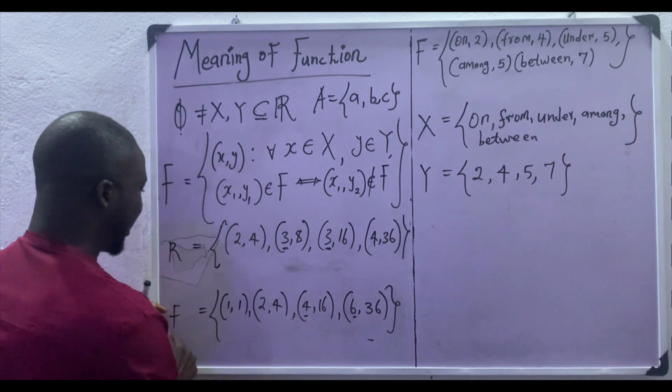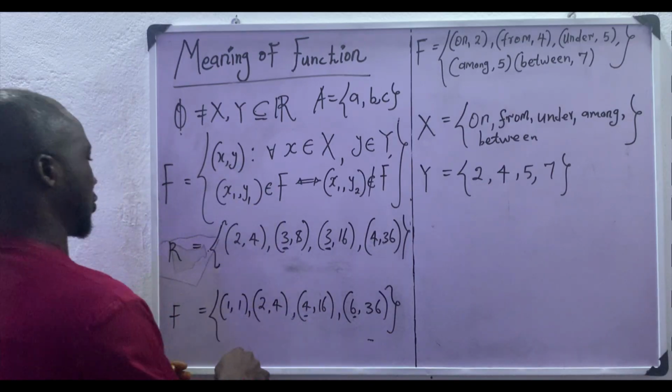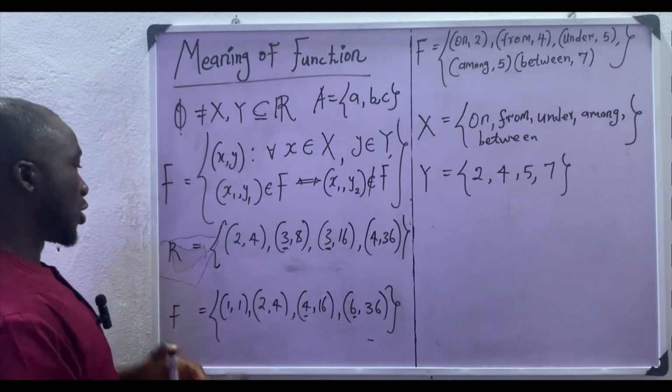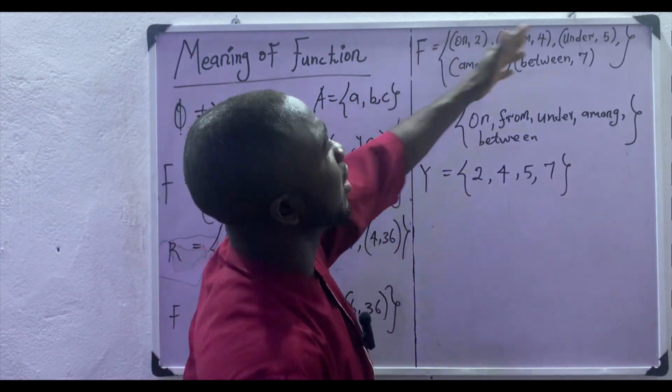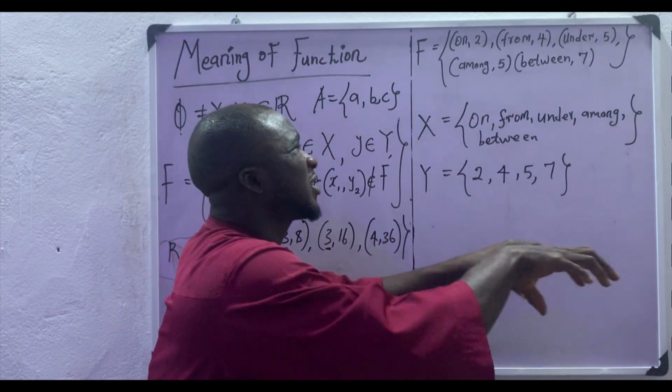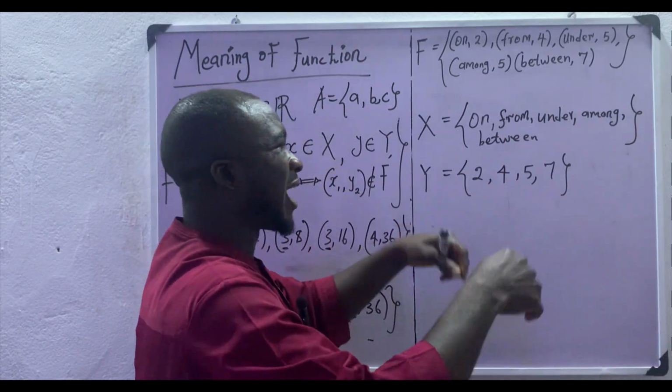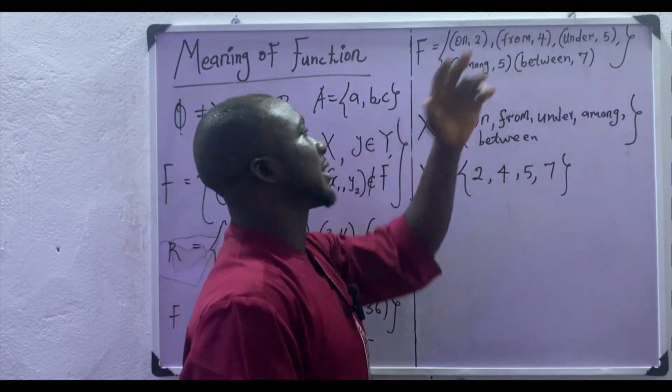And so this set, although it's a relation, is now a special relation known as a function. This set too is also a function because no two distinct elements picked will have the same first entries.